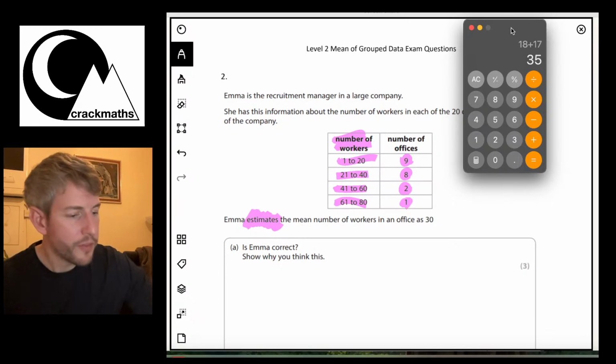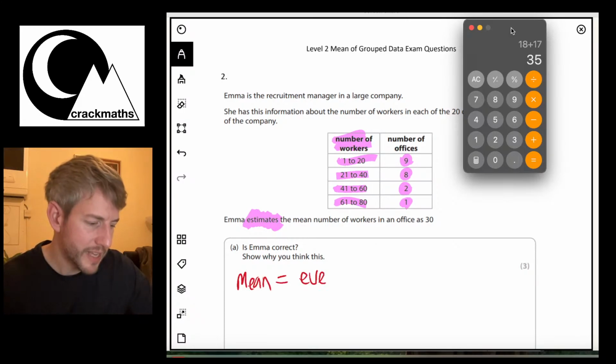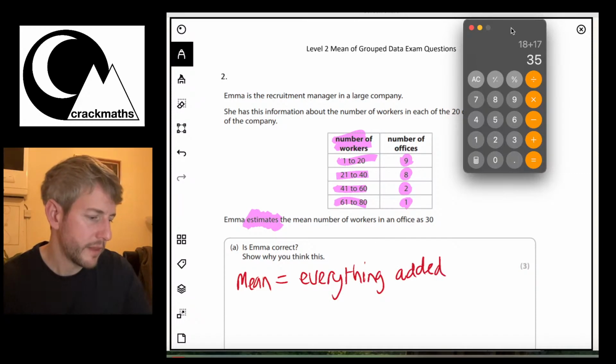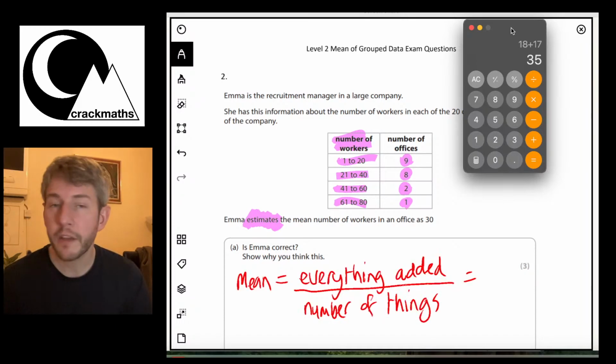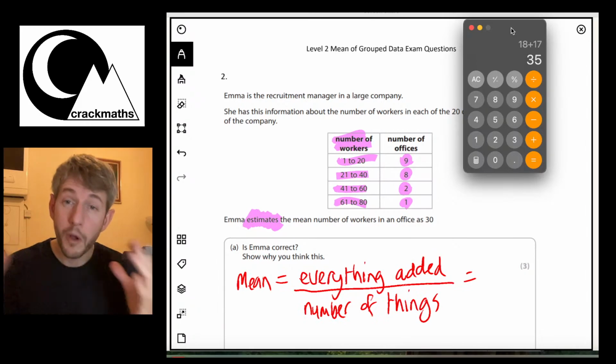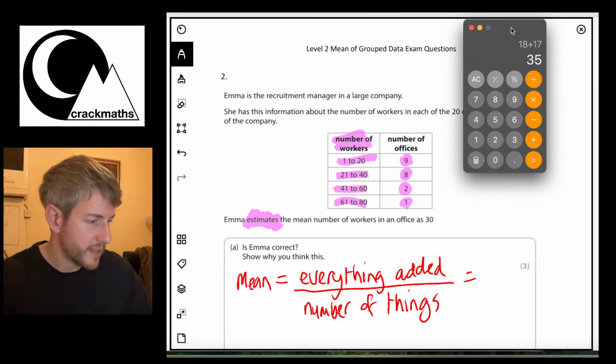So remember, the mean equals everything added together divided by the number of things. So in this case, she's looking for all of the workers added divided by the number of offices, okay?